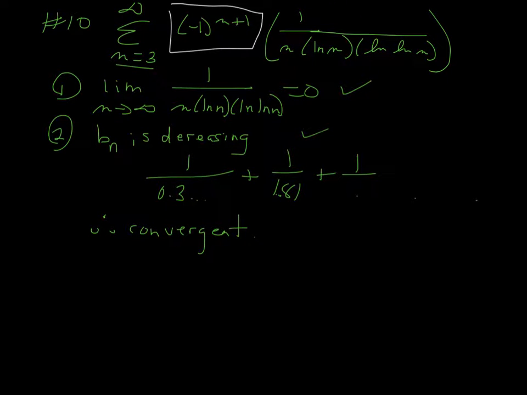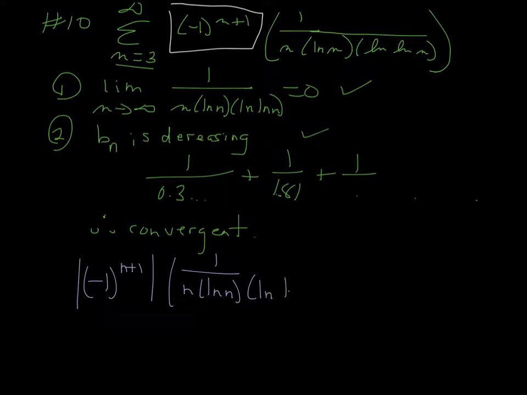So if we take the absolute value of minus 1 to the n plus 1 times this whole mess of a denominator here, then all of your terms are going to be positive.